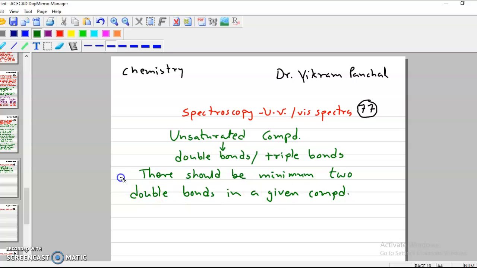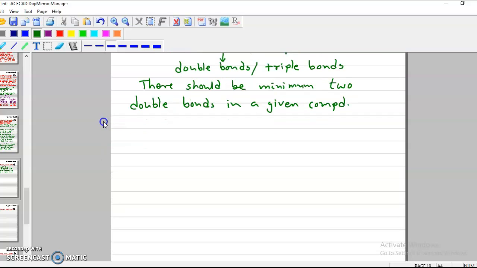When two double bonds are present, such a compound is known as a diene. So let us discuss the first system, the diene system.